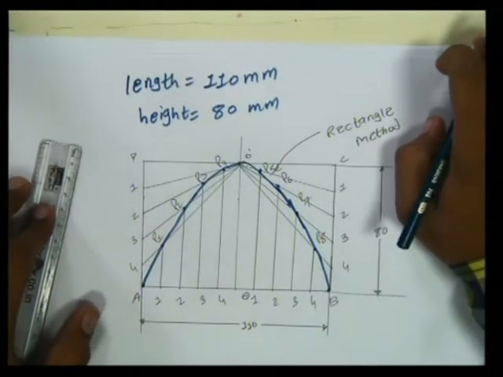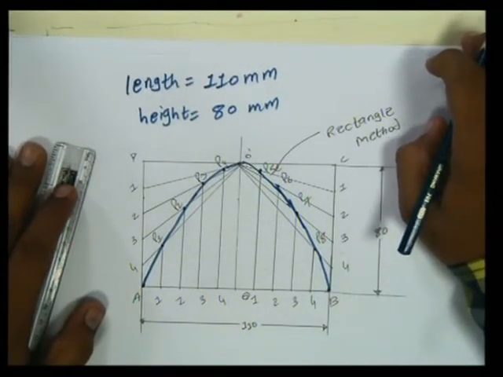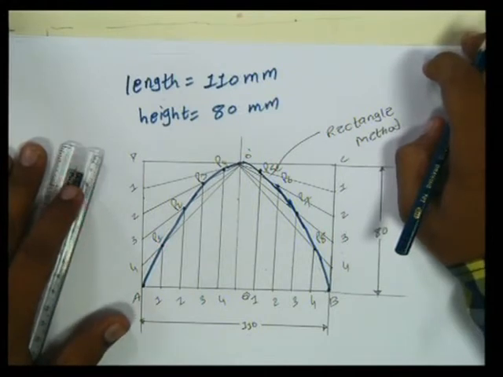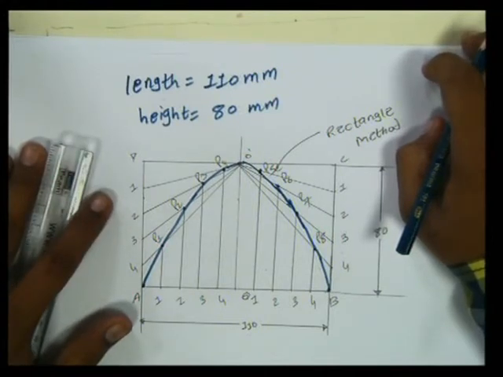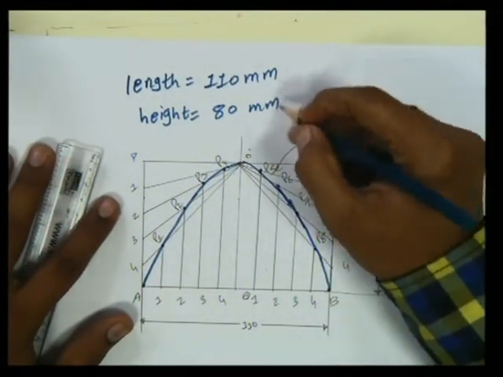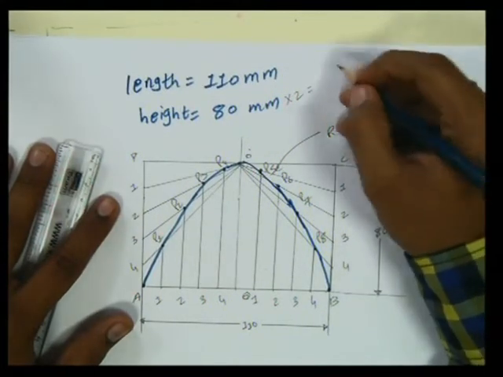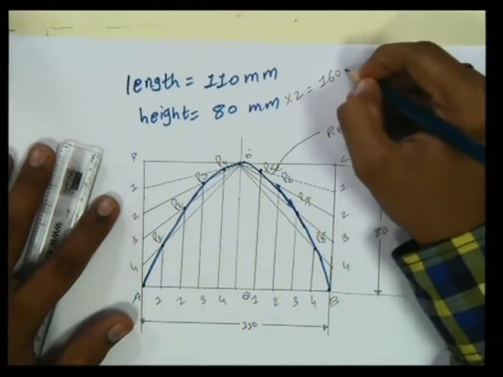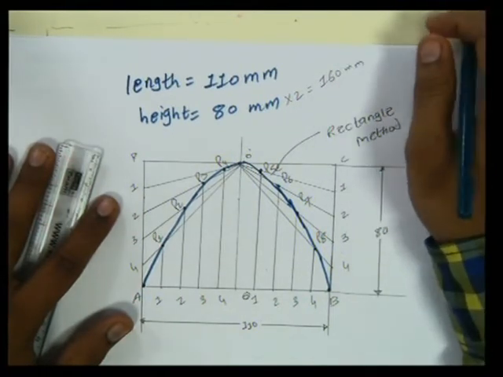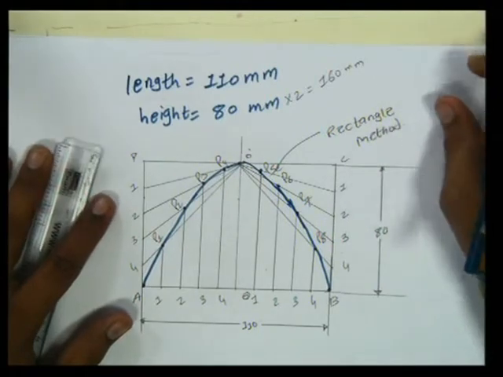If it has not been specified that you need to draw the parabola using the rectangle method only, then you can draw this parabola using the tangent method also. In the tangent method, the only thing that will change is that it will be a conical shape and the height would be taken as 80 mm into 2, which means 160 mm, and then the procedure would be the same.